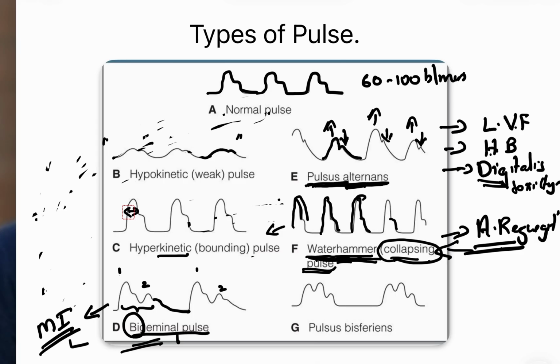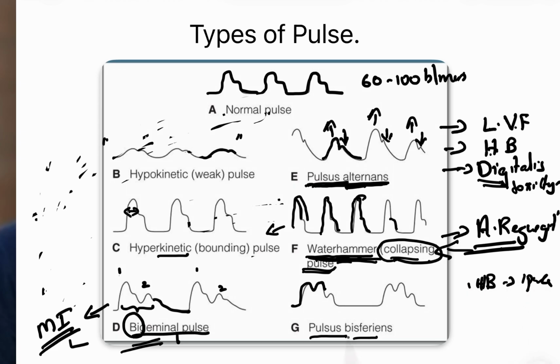The next type of pulse is pulsus bisferiens. With our fingertips, when we palpate the patient, normally for one heartbeat we receive one pulse.